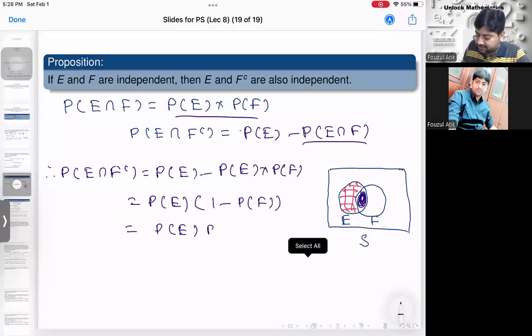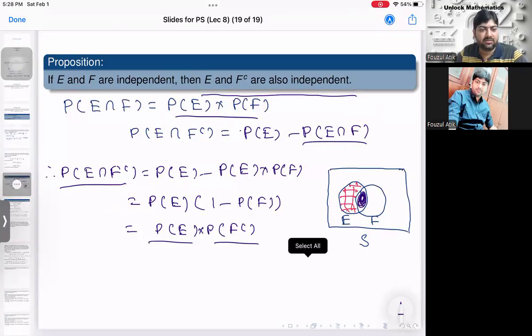It is P of F complement. So we got P of E intersection F complement equal to P of E into P of F complement. And it means that E and F complement are also independent, provided E and F are independent. Very easy result. Okay.